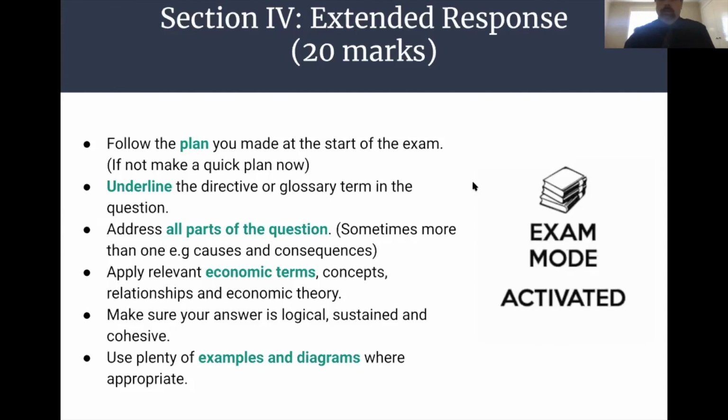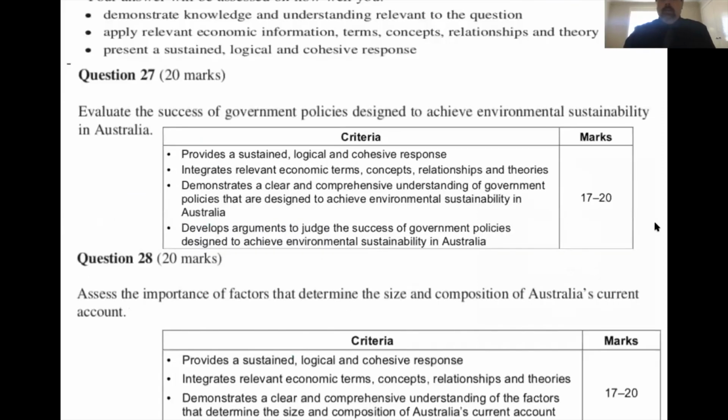All right, let's have a look at the 2018 exam. This is the rubric we're talking about up the top here. If you're writing a good answer, you're showing your understanding and knowledge, using the terms, and it's sustained and logical. Question 27: evaluate the success of government policies designed to achieve environmental sustainability in Australia. Notice the verb here is evaluate, and in 28 it's assess.